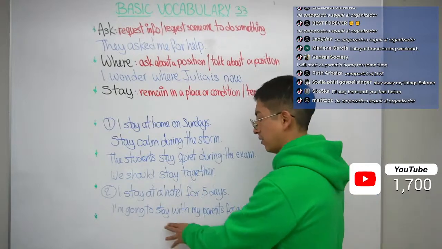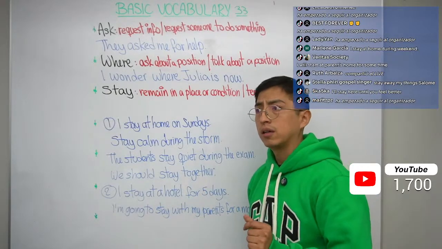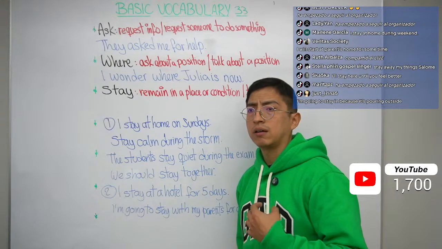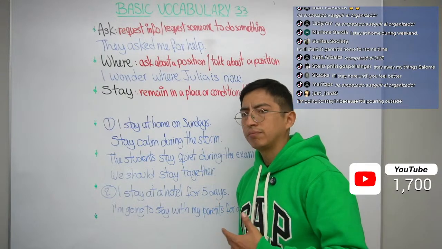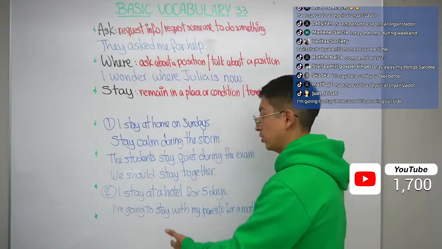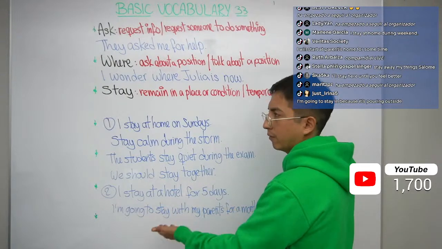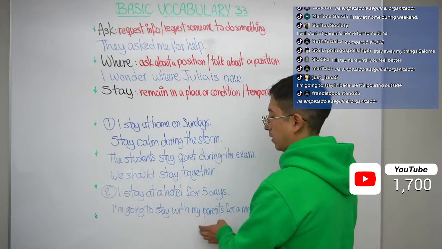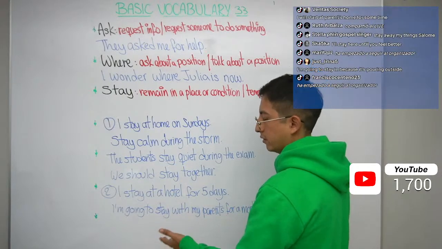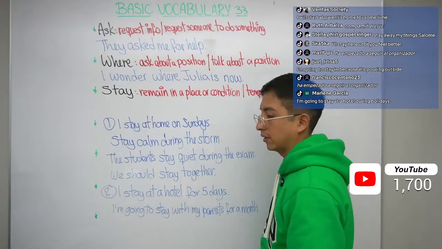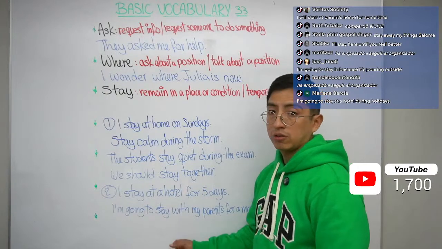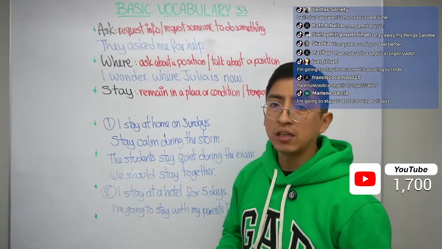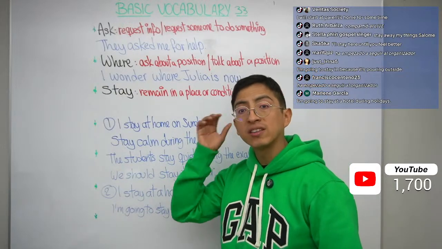Staying with my parents is different from saying I'm living or I'm going to live with my parents. Live with my parents, permanent. Stay with my parents, something that is temporary. And maybe you can also say here, I'm going to stay in Mexico for 10 days.